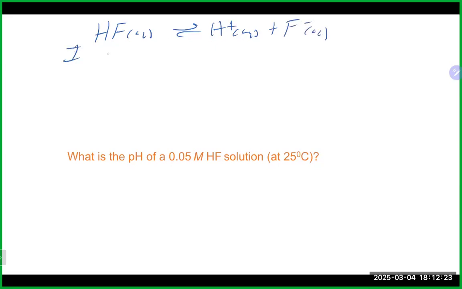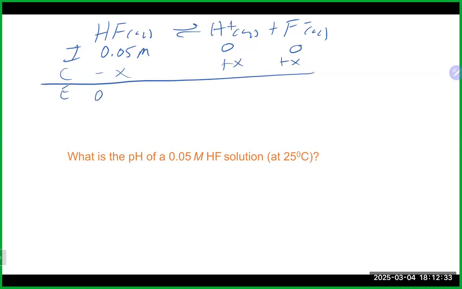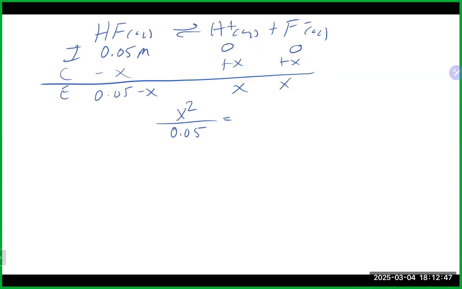And we had initially 0.05 molar, 0, 0, change, minus x plus x plus x. 0.05 minus x, x, and x. Here we would then get x squared divided by 0.05 equals 6.4 times 10 to the minus 4.